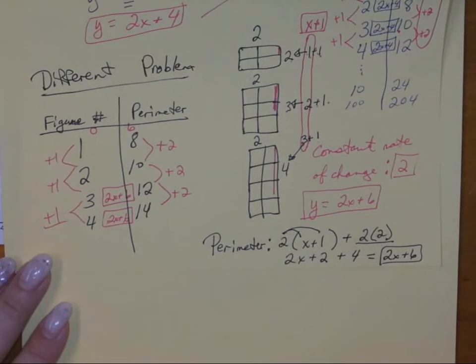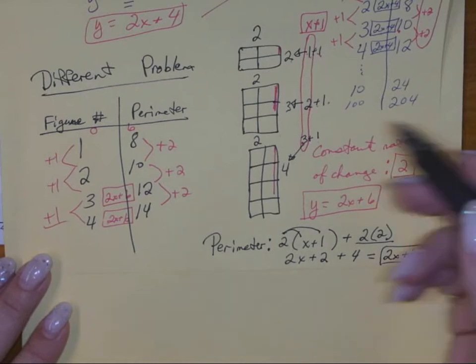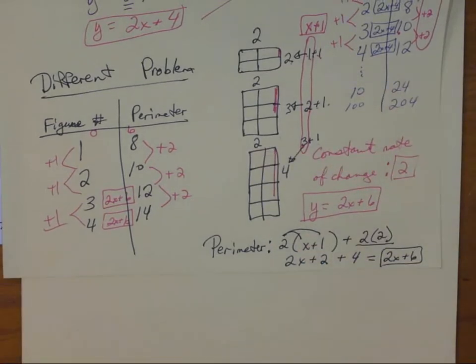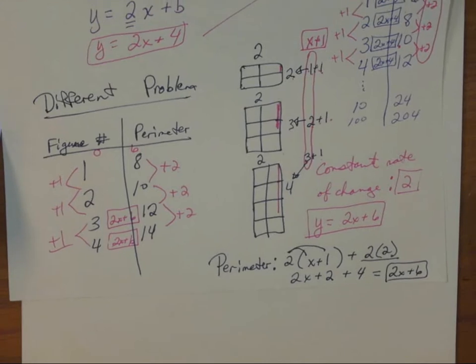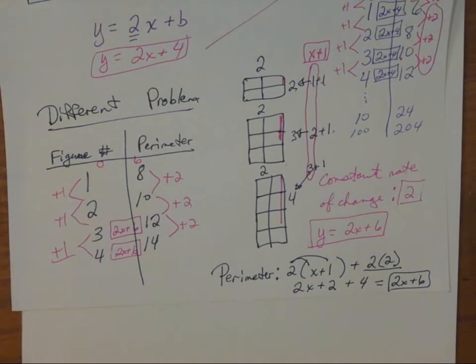It doesn't really matter. Any way you go, you're still getting, I've gotten now 3 or 4 different ways, 2x plus 6 there, right? Okay, so those are all kind of similar problems because why? Yeah, they all had a constant width, right? So you know we can't just leave it that nice for you.